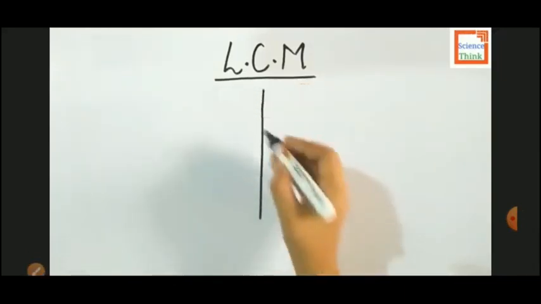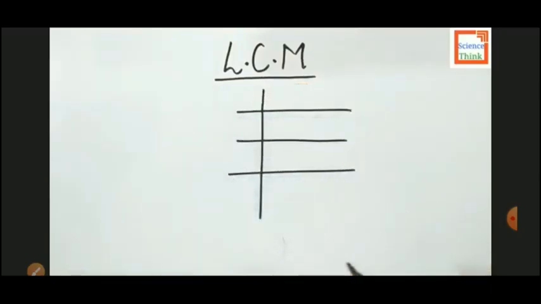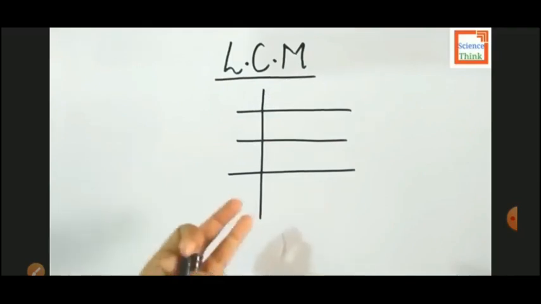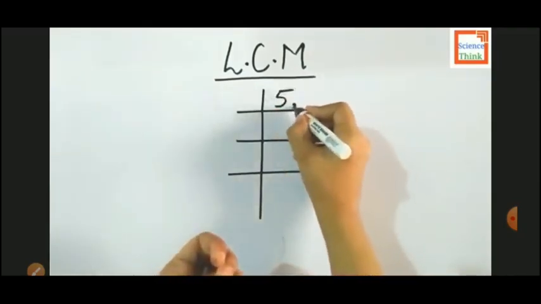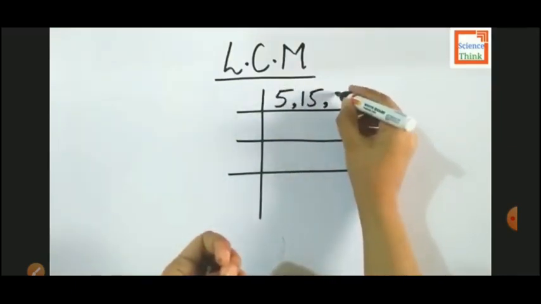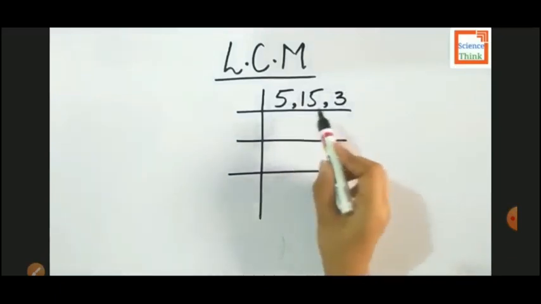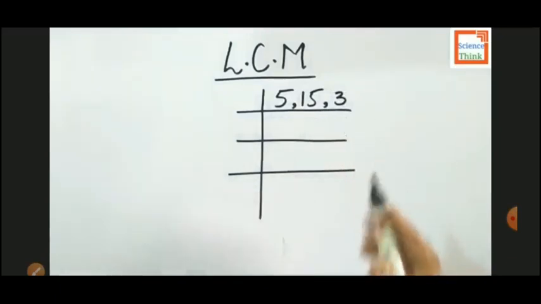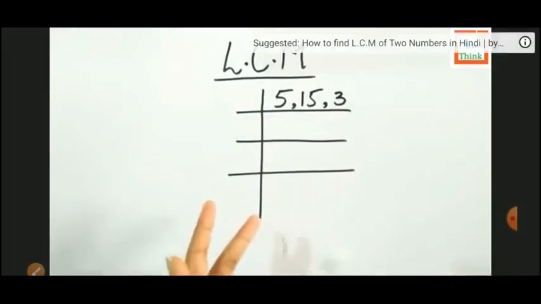I'm just taking any three numbers: 5, 15 and 3. Let's find the LCM of these three numbers without using the multiple tables.